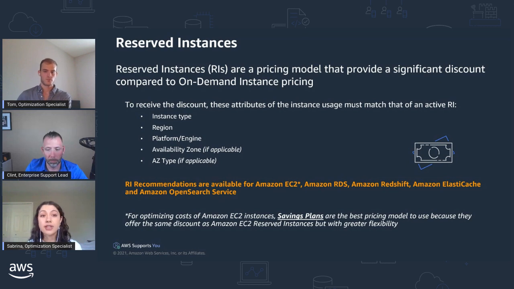Now, if you did have those other services mentioned on the screen here, like RDS, Redshift, those services where we don't have savings plans available, that's when I would say let's take a look and potentially leverage a reserved instance. But for EC2, best practice would be to look at the savings plans. Great question.